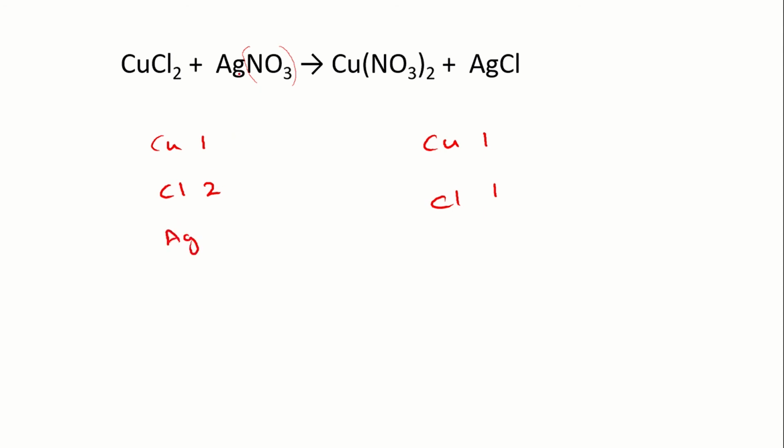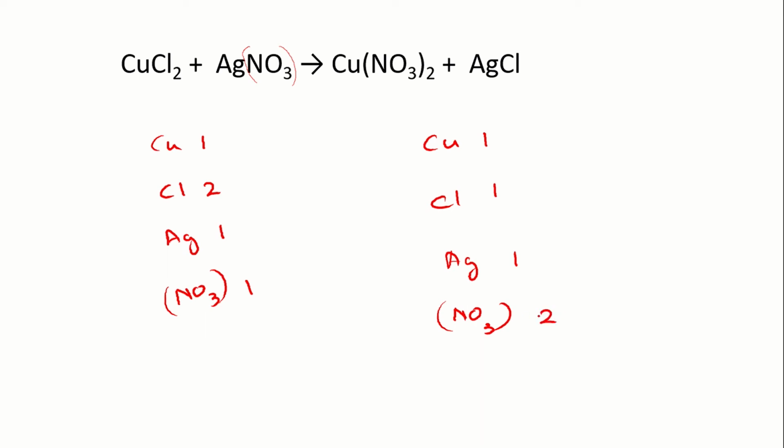You have silver, 1 atom on the reactant side and 1 atom on the product side. Then nitrate: you don't consider nitrogen and oxygen separately. You consider this whole thing as one group. You have 1 nitrate group on the reactant side. How about on the product side? You have 2 of them.